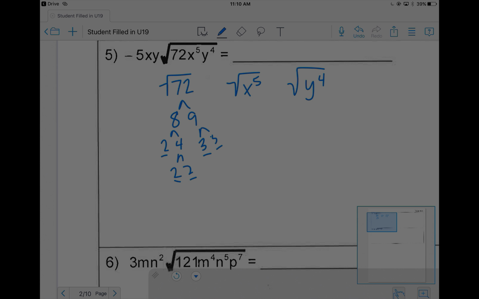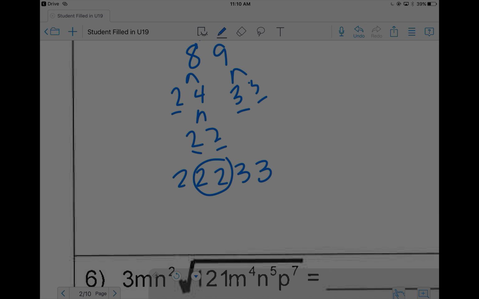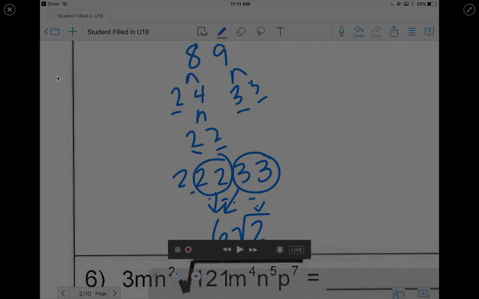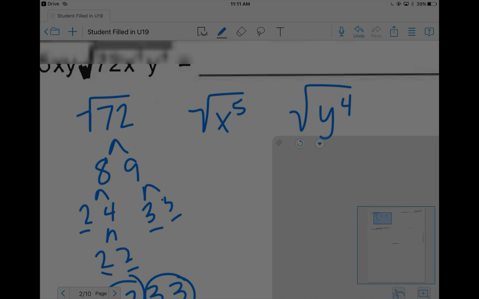So I have 2, 2, 2, 3, and 3. So I have a pair of 2's and a pair of 3's coming outside. 2 times 3 is 6. And then I have a 2 staying inside. Now to deal with my letters, 5 divided by 2 is 2.5.